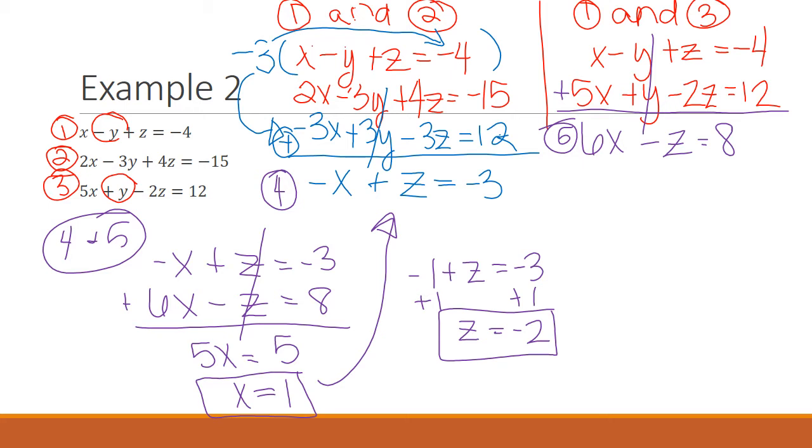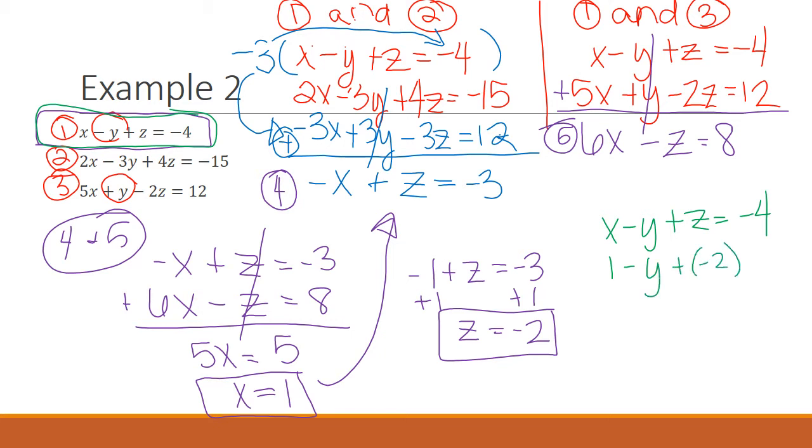Okay, so now I have 2 pieces of my solution. I want to take those 2 pieces, pick any equation from my original, and plug it back in. So I'm going to plug it into here. If I have x minus y plus z equals negative 4, then x is 1, I don't know what y is yet, and z is negative 2, equals negative 4.